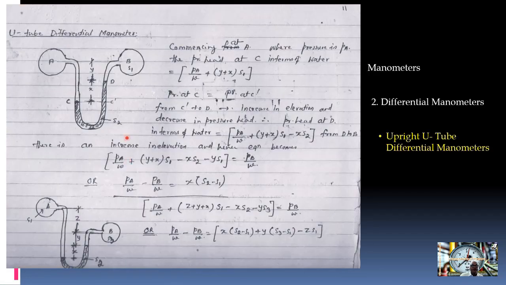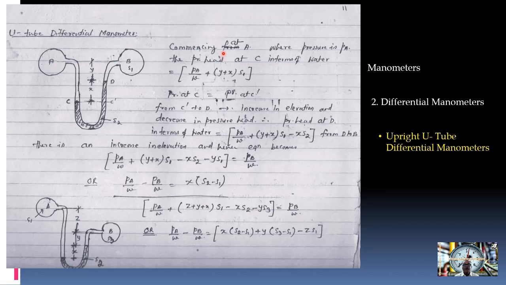Now the U-tube differential manometer, A and B, these are the two pressure points. Then manometric liquid difference is X and this is Y here. So Y is the flowing liquid column height up to A and C, and Y plus X, it is Y plus X, and at B it is Y from B to D. So commencing from point A, let us commence, we will write the equation directly here.